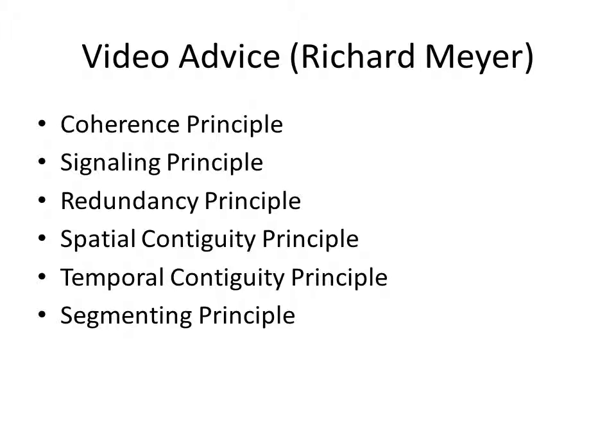You want them to be at the same time. Finally, segmenting principle is that when you have something overly complicated, you want to break it down into small parts so that students can better handle it.